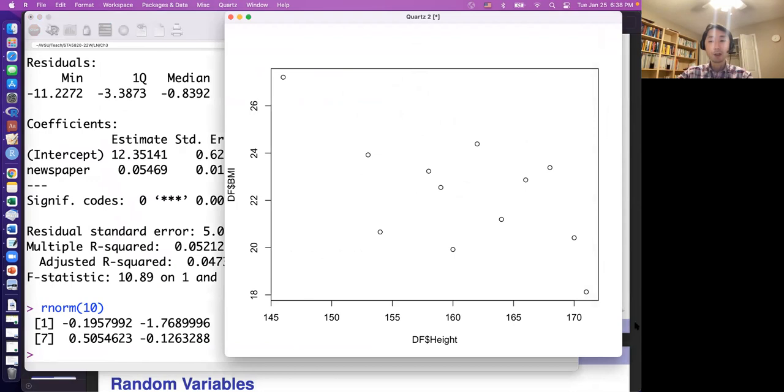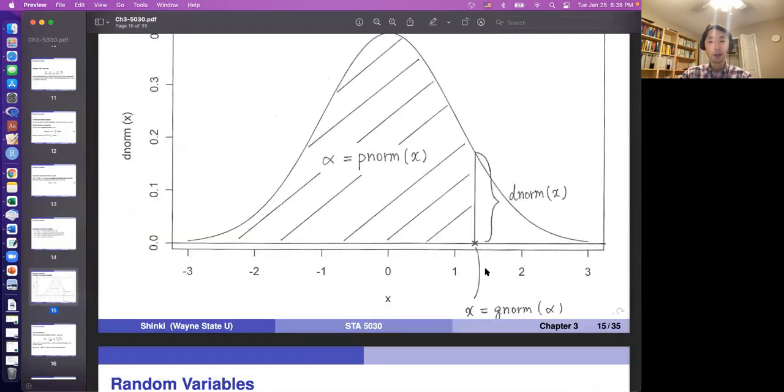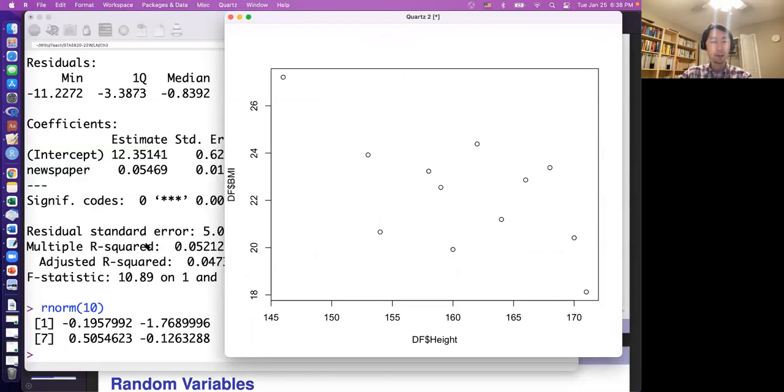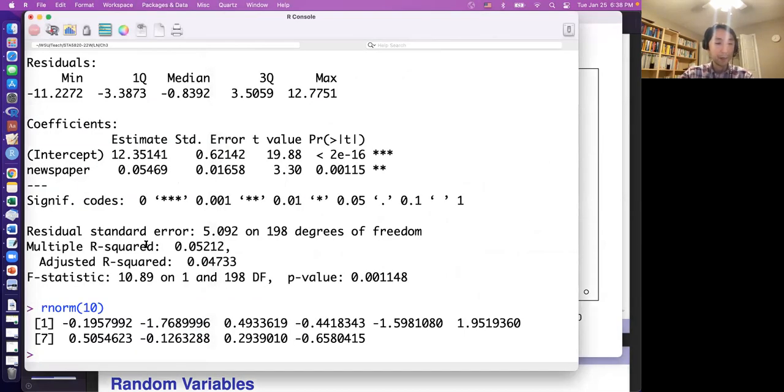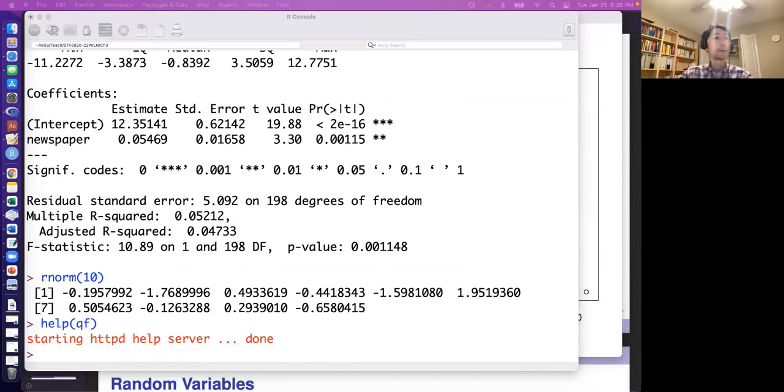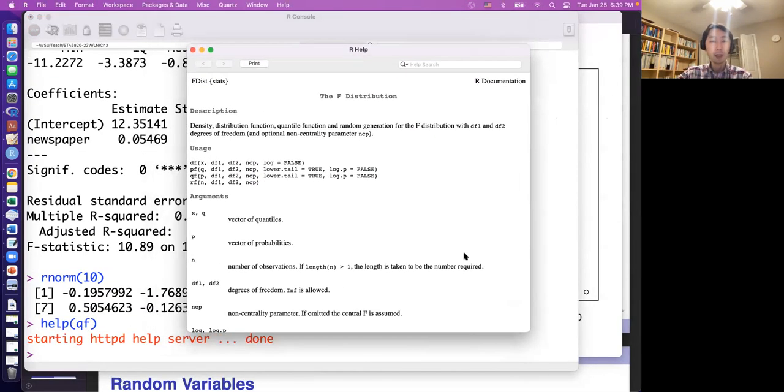So these 4 functions are ready. If you want to calculate a threshold, that means the area is given, so you can calculate the threshold value x by the Q function, the qf function. And you have to specify degrees of freedom because the F distribution has parameters.